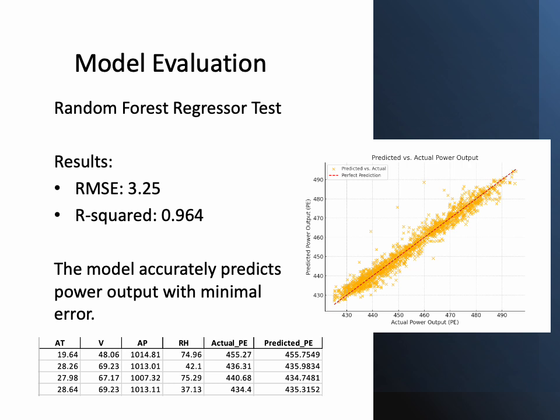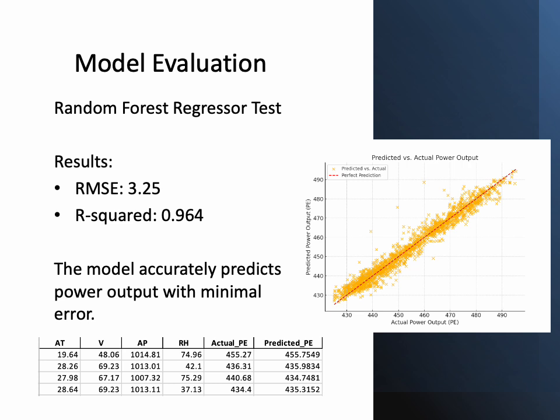It not only predicts power output with minimal error, but also captures the underlying patterns in the data effectively, including complex nonlinear interactions among the features. And compared to linear regression, which had a higher RMSE and a lower R squared, the random forest regressor's ability to handle nonlinear relationships and interactions gives it a clear advantage, making it a better fit for this task.